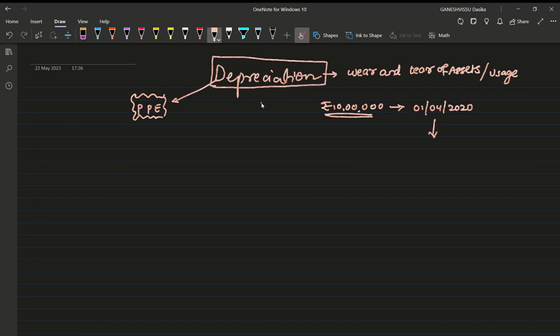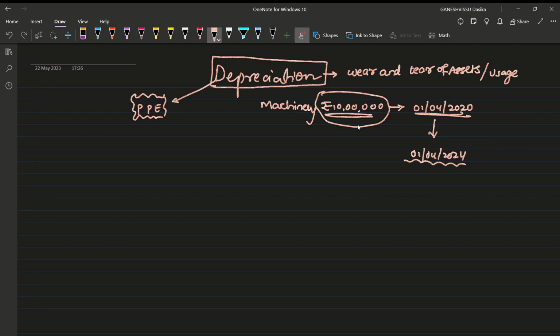So we have purchased a machine worth rupees 10 lakhs on 1/4/2020, and I want to know the value of the same machine on 1/4/2024. That means after 4 years I want to know the value of this same machine.